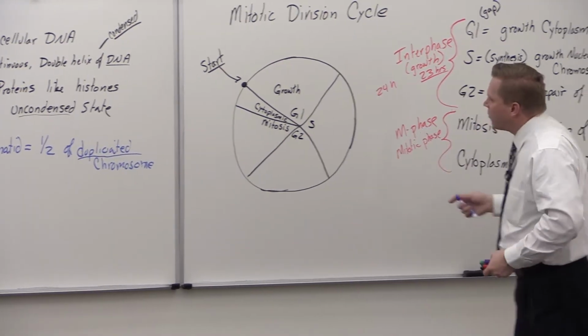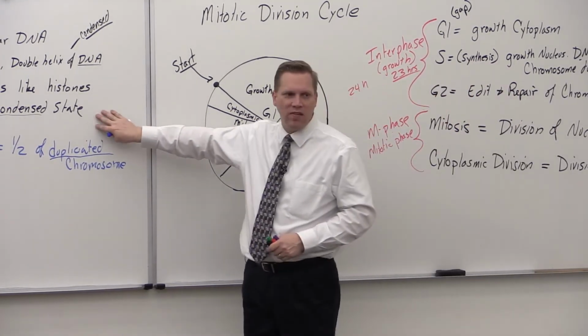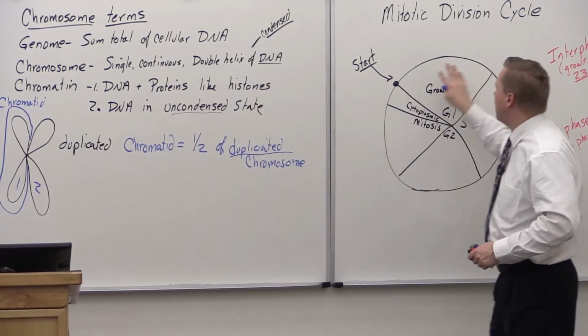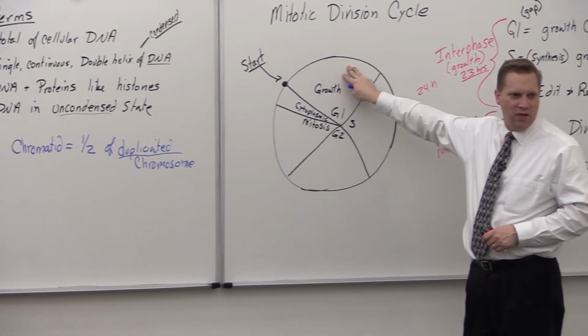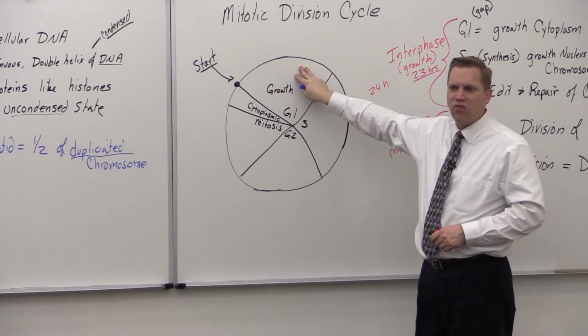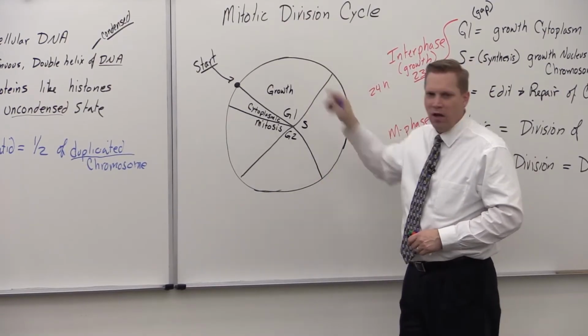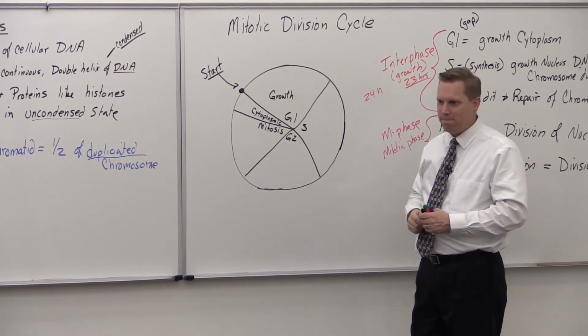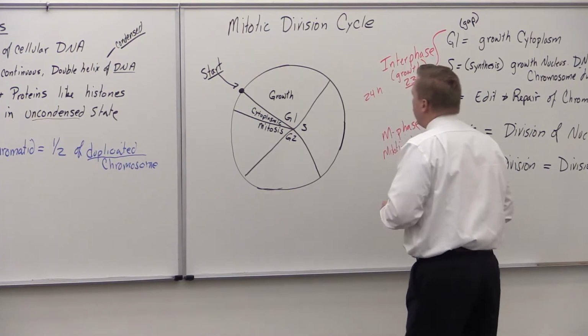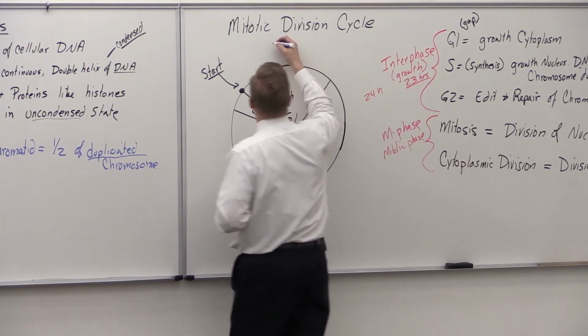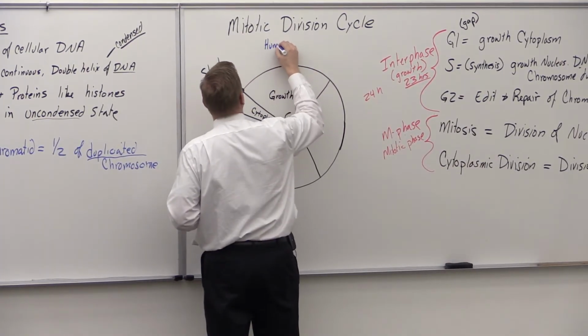So let's go through and practice using some of these terms by looking at the mitotic cell division cycle. And let's describe the state of the chromosomes in each of these units. Now, for this, we're going to use a human cell.